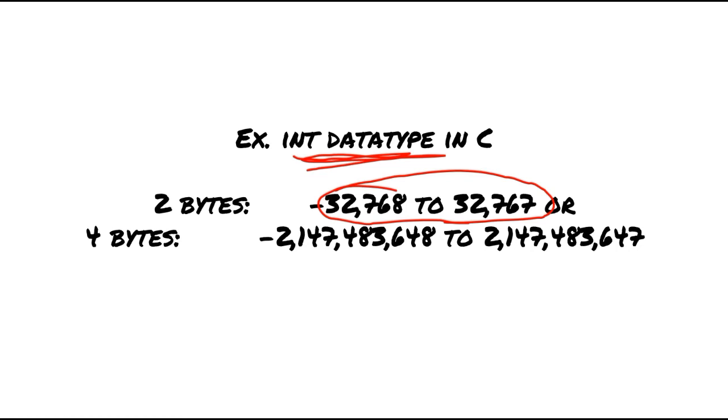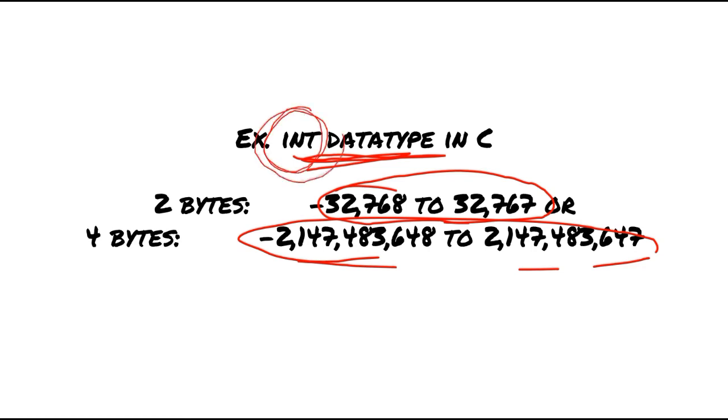When it is 4 bytes in modern computers, you have 2.147 billion, negative to positive values. And we could say that the integer data type is a subset to our mathematical integer set Z.